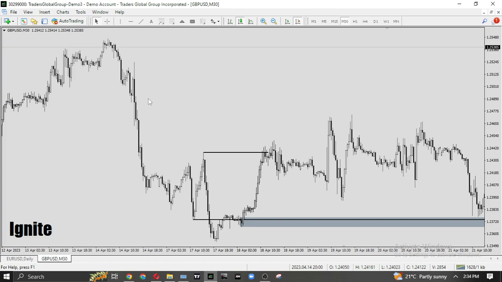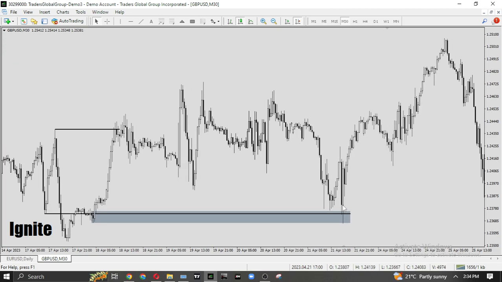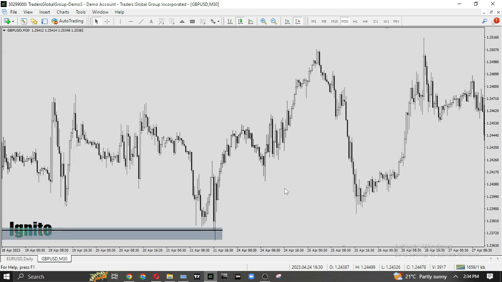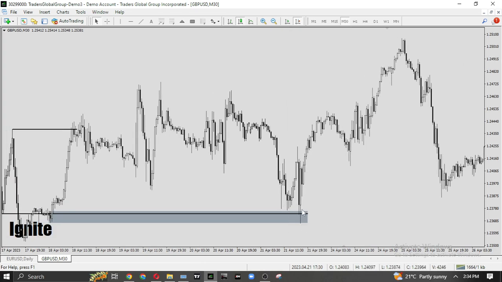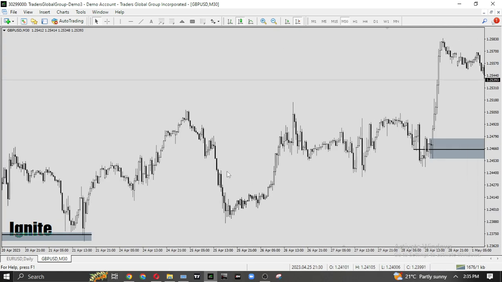Then after that, wait for it to shift again. Then after that, you can start to look for your Quasimodo QMLs or whatever pattern that you're looking at. Then you can see how powerful this entry was. You could have capitalized a lot in this trade, you see. So it's always like that.